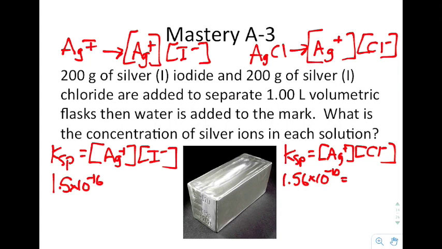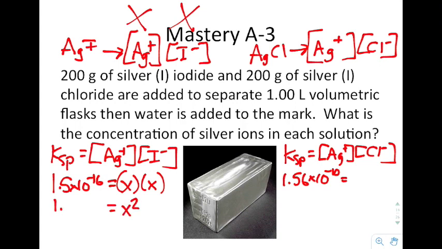So what we do is we say, okay, if I don't know how much dissociation occurs, I'm going to represent that by X. So I'm going to say that there's X silvers. Well, if there's X silvers, for every silver there is, there's going to be I as well. So because of that, I have values for X and I. And now this is a really easy expression to solve.